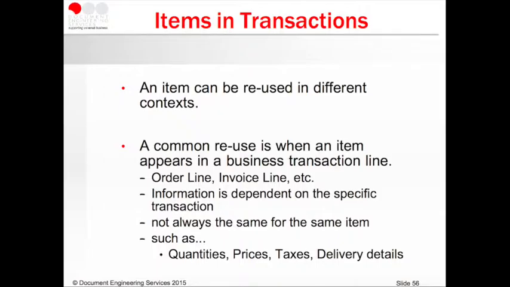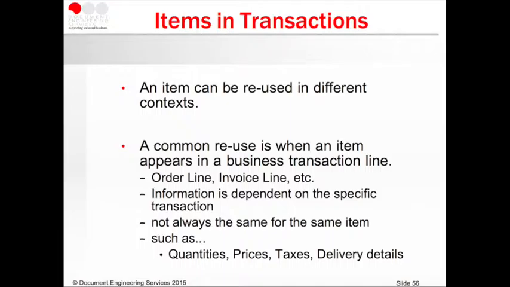So information about items is very dependent on the specific transaction, and so it's not always the same information for the same item. Some things vary, like the quantity required, the price, the tax, the delivery details.